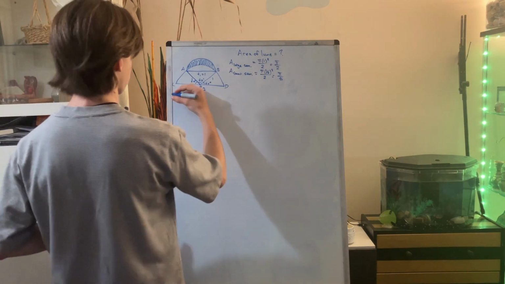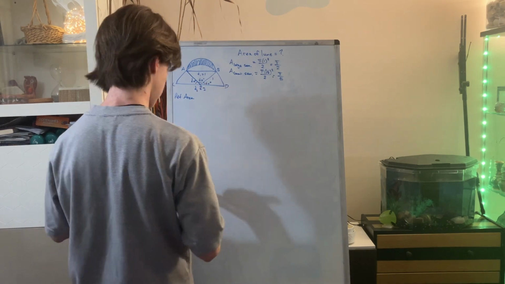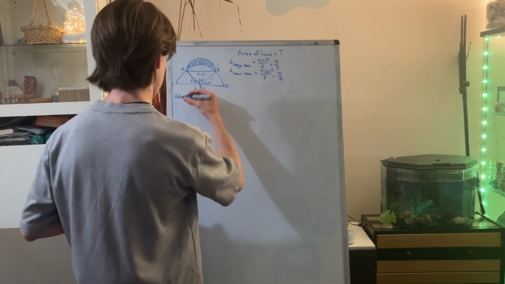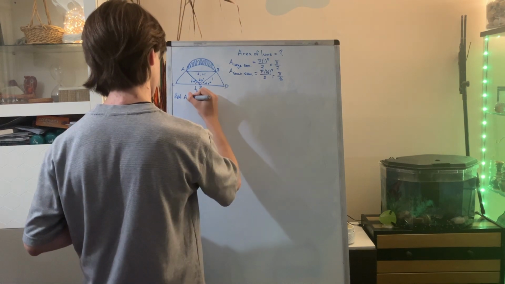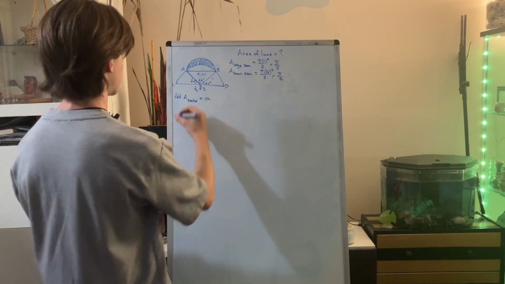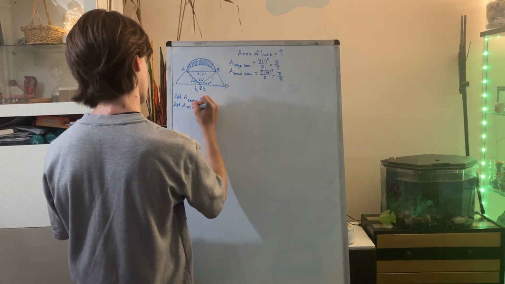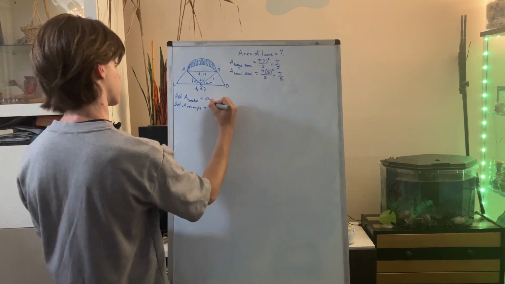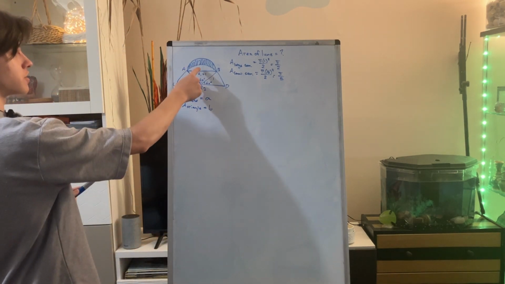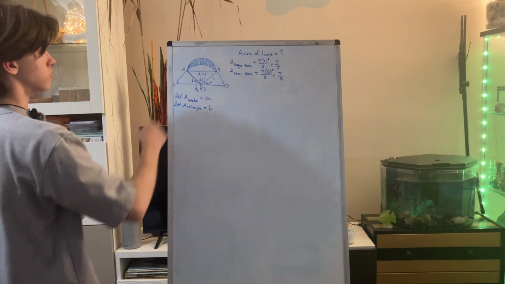Okay, let's call the area of the sector A. Let's also have the area of the triangle be B. And finally, we also have to know this intersection of the large and small circles, this little shaded part below the lune.